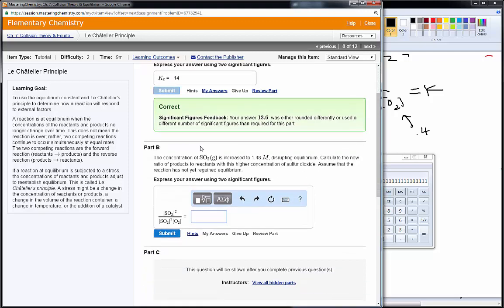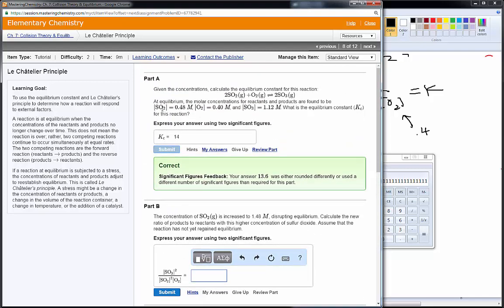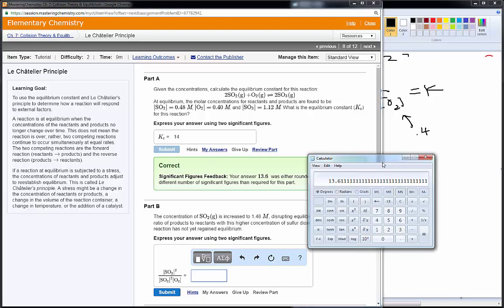Okay. Now I'm going to disrupt the equilibrium by increasing the amount of SO2 here. I'm going to almost triple it, essentially, increasing the amount of reactant. So calculate the new ratio of products to reactants, assuming that we haven't yet reached equilibrium, so I'm going to plug those in the same way. The SO3 for the moment is still 1.12.